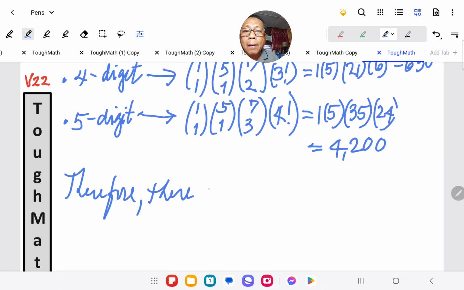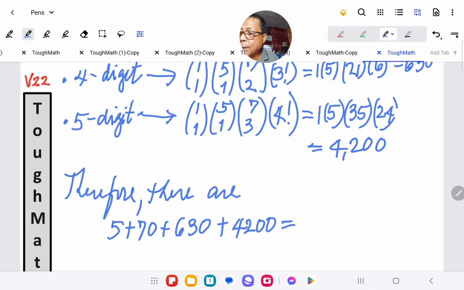Therefore, there are 5 + 70 + 630 + 4,200 equals 4,905 such numbers.